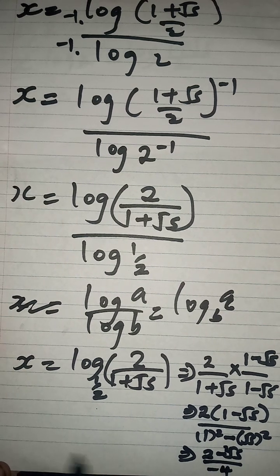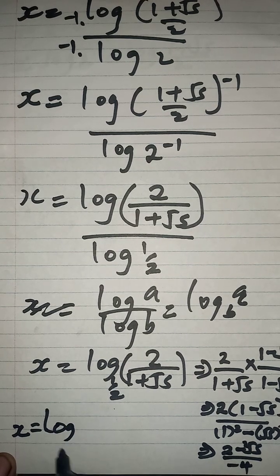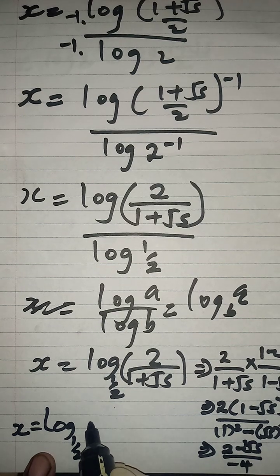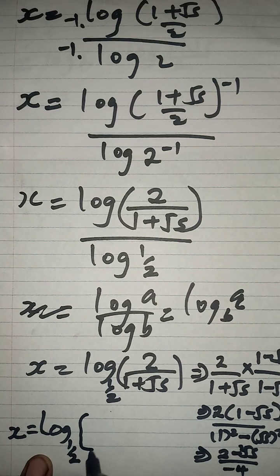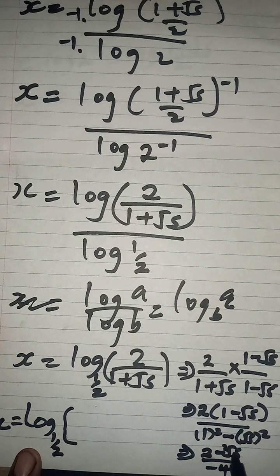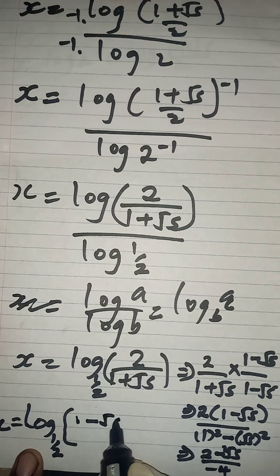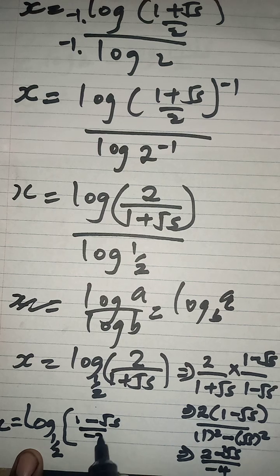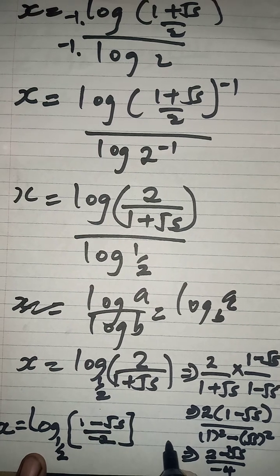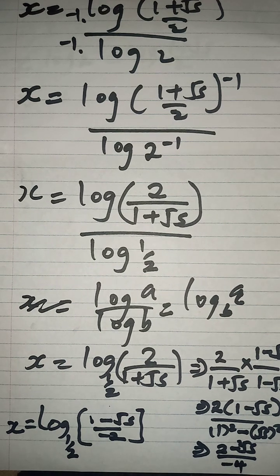So now my simple final solution of x, I'm going to write it as the log of base a half of 1 minus root 5 all over negative 2, as the solution that is required for our value of x.